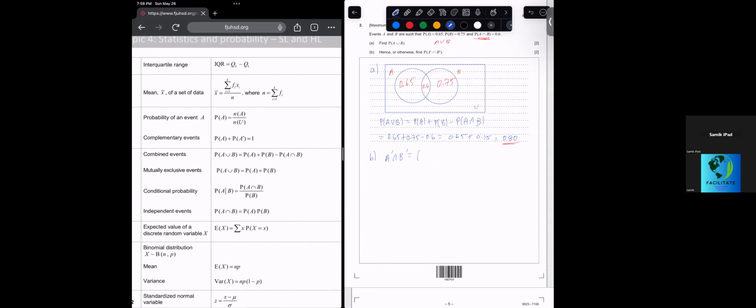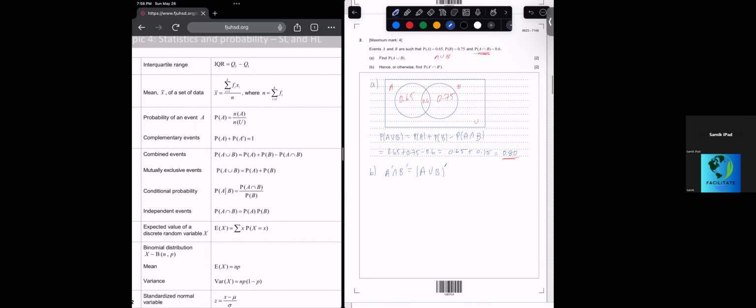This is equal to basically written A union B, and then we can put a dash above it. So this is why also the question has asked us hence or otherwise. Hence or otherwise because we can use part A. So because we found in part A that P of A union B is equal to 0.8.